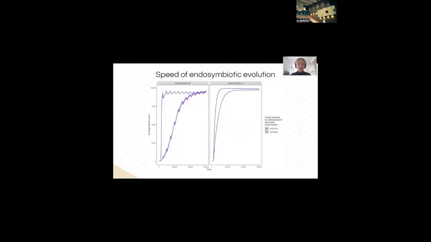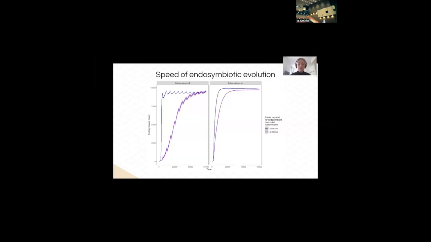What we find is that the possibility of ectosymbiosis hastens the evolution of endosymbiosis. In this plot, the x-axis is time and the y-axis is the number of endosymbionts. The colors indicate how many resources are required for endosymbiont horizontal transmission. We observe very rapid increases in endosymbiont count when the resources required for endosymbiont horizontal transmission are lower, the blue lines.